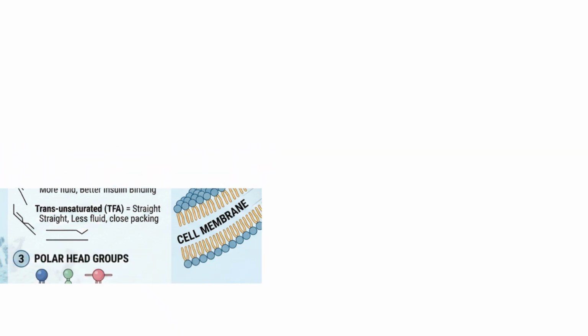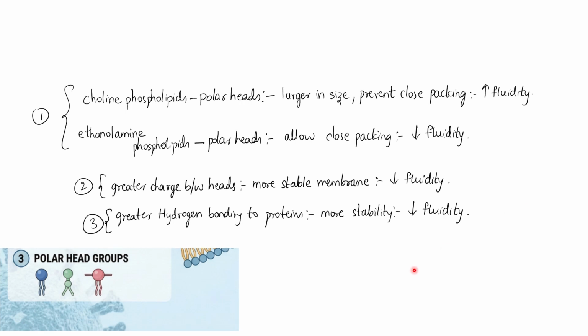Then coming to the third factor, that is the polar head groups. In three ways, these are affecting the upper layer containing the choline phospholipids. The polar heads of the choline phospholipids are usually larger in size. Because of that, they prevent the close packing of the tails, and because of that, there are little gaps and ultimately increases the fluidity.